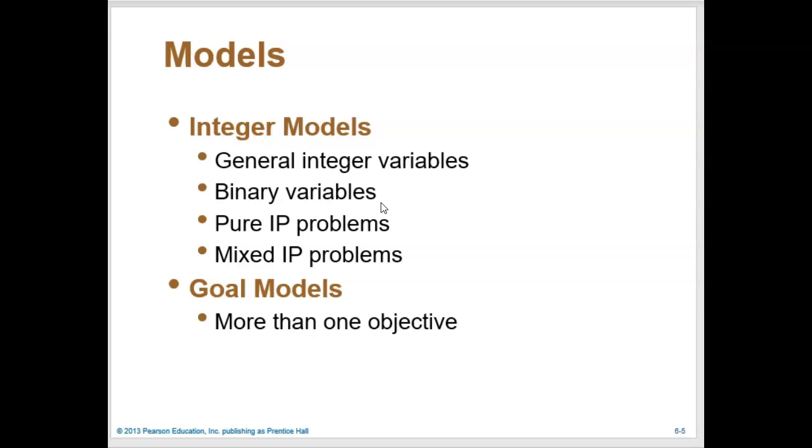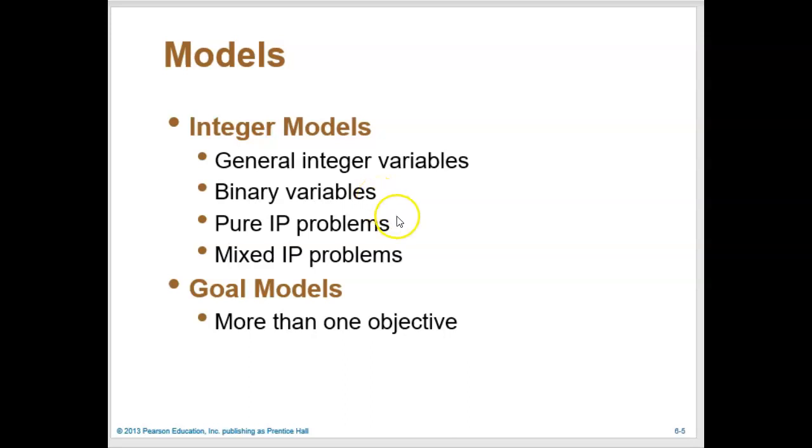For example, if you recall in chapter 5, when we were covering the shortest path model, the decision variables were taking binary values, because you had to decide which route to take in order to get from your origin node to your destination node. So a 1 means a yes and a 0 means a no.